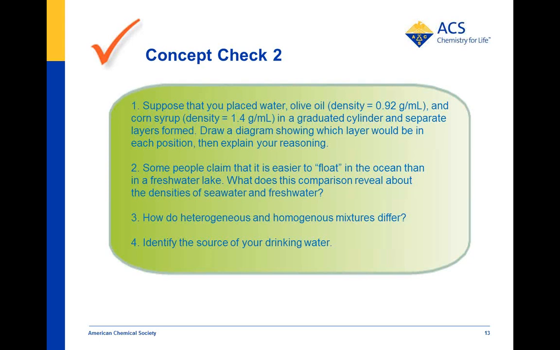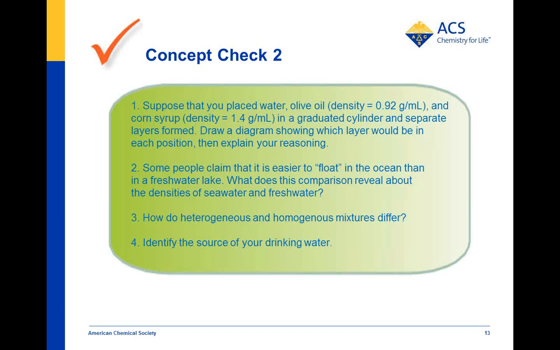Now once again we stop at this point and they run into another concept check, so it goes back and has them review some of what they've done and also look forward to what is to come. So here they look at density again, and they discuss how different densities would show up in a graduated cylinder.